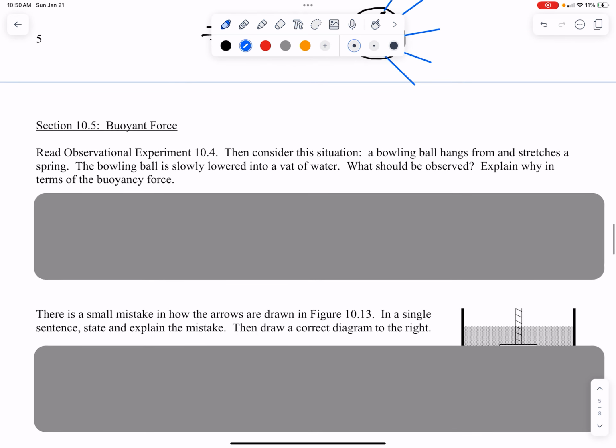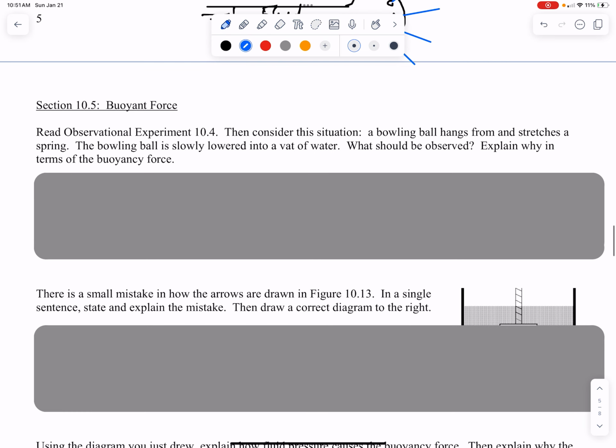Well, now in section 10.5, we're going to get into buoyant forces. So you were supposed to read observational experiment 10.4. In this observational experiment, you essentially had an object that was weighed, and then it was dunked in a fluid.